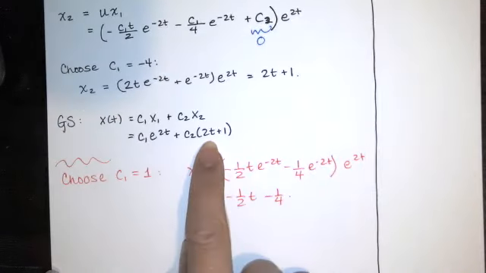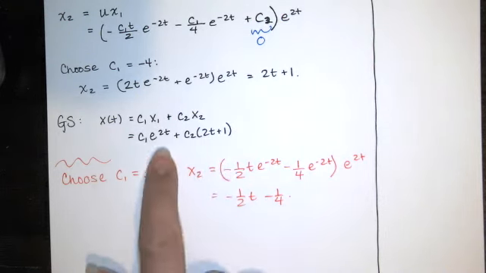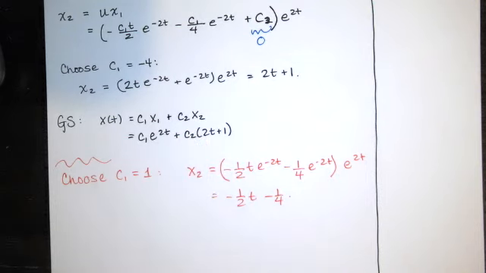But this x sub 2 and this x sub 2 are equivalent to each other in the sense that these two functions form a linearly independent set of solutions to the differential equation in this problem. And this function combined with this function form a linearly independent set of solutions. So when we take them and we multiply them by constants and add them together, we're getting basically the same thing in a slightly different form.